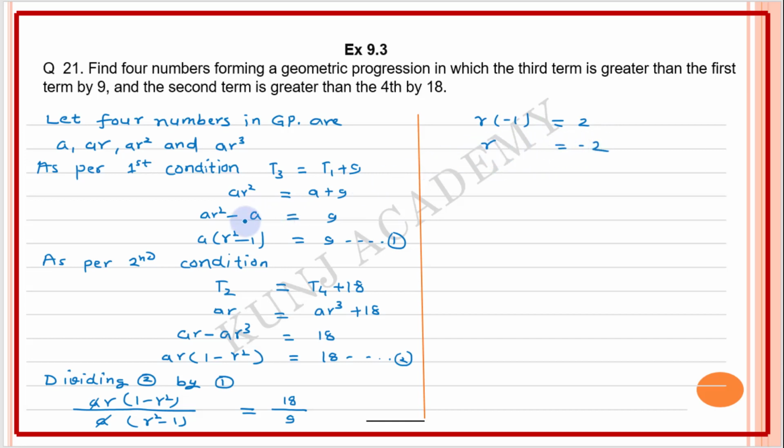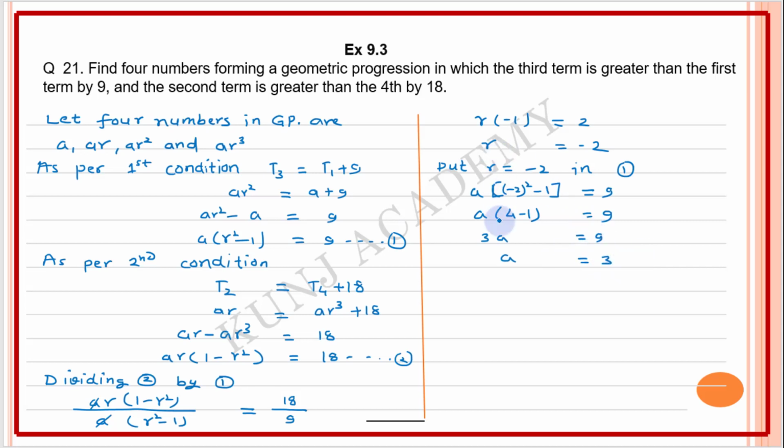Put this value of r in 1. a(r square minus 1), a(minus 2 square minus 1) is equal to 9. a(4 minus 1) is equal to 9. 3a is equal to 9, or a is equal to 9 upon 3, which is 3.